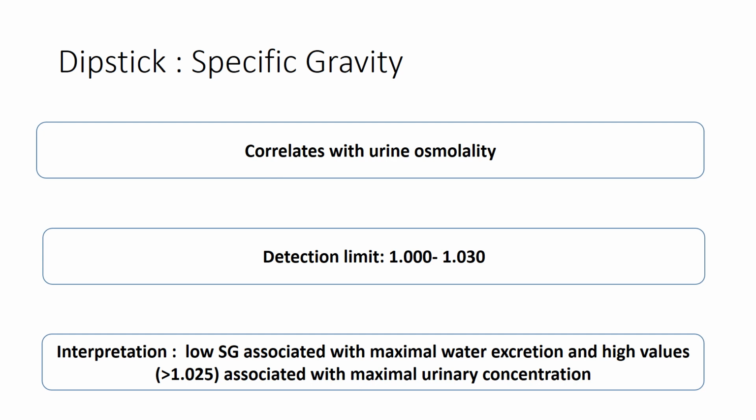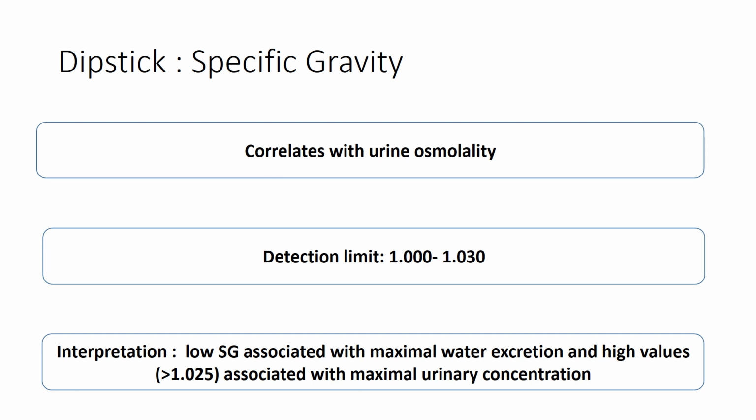The first component that we're able to measure with urinary dipstick is the specific gravity. As you know, the specific gravity is a ratio comparing the density of whatever substance to the density of an equivalent volume of water. So for clinical purposes, really, specific gravity correlates with the osmolality of the urine, and most sticks are able to measure specific gravity between 1 and 1.030.